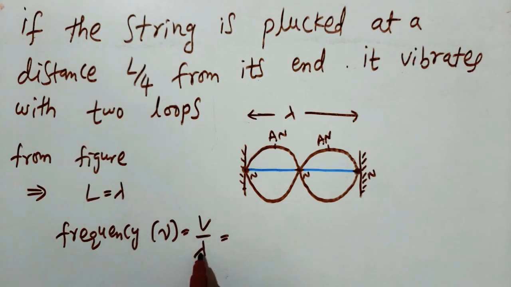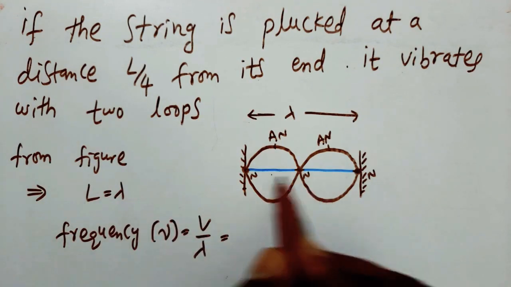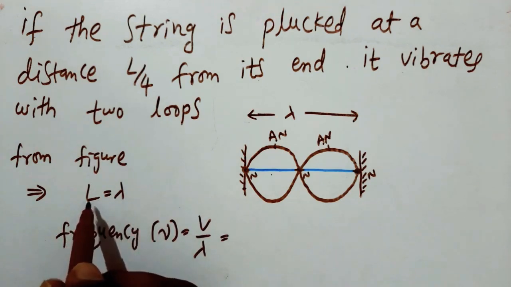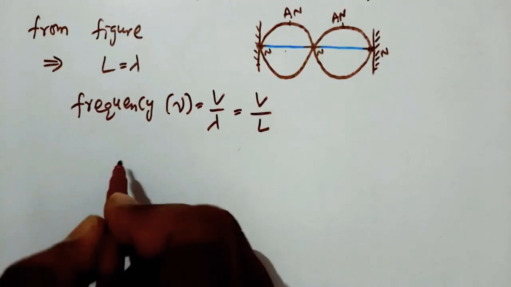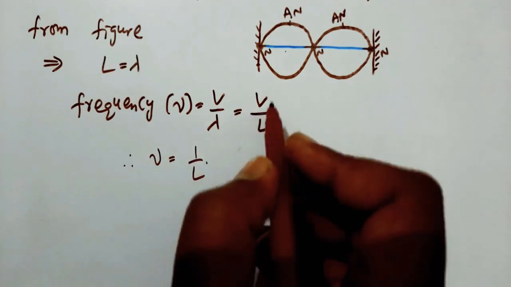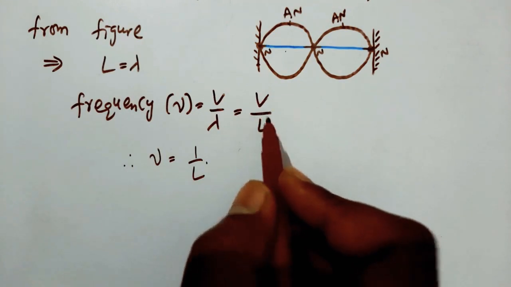When the string is oscillating with 2 loops, lambda is equal to L. Therefore nu is equal to 1 by L into V. Here V is the velocity of wave in a string.